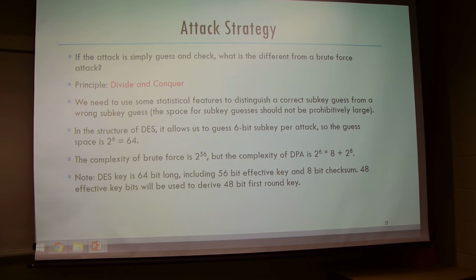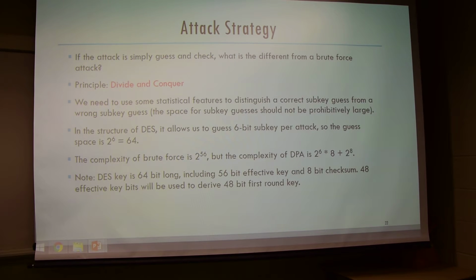Because we only guess a subkey, the space for guessing is very small. It's not prohibitively large. So the structure of DES allows us to guess a 6-bit subkey per attack, which means the input of one SBox, that 6-bit subkey. So the guess space is 2 to the power of 6.